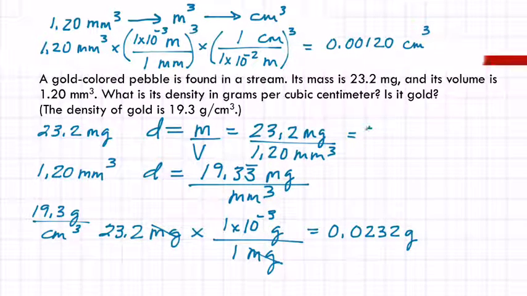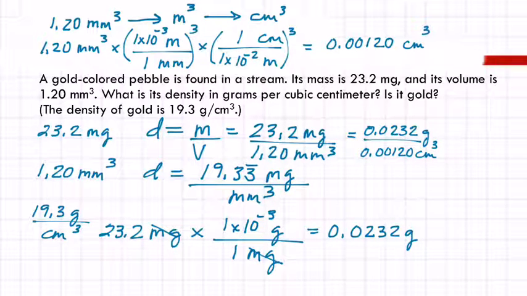So now I can put this in: 0.0232 grams, dividing by 0.00120 cubic centimeters. I get 19.3.